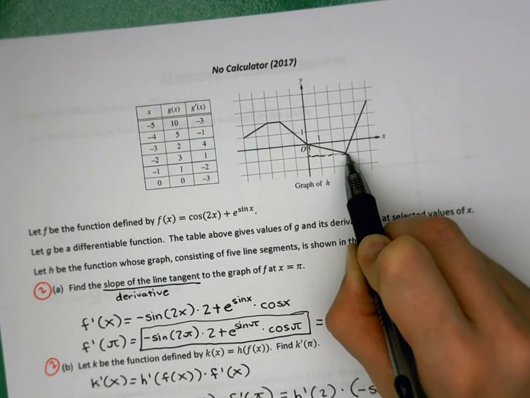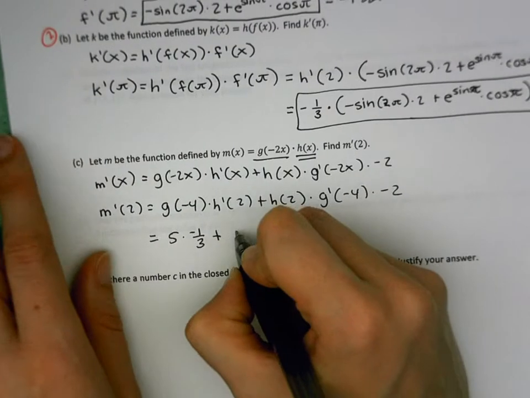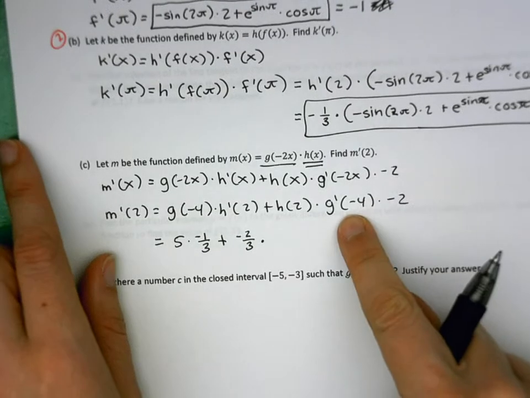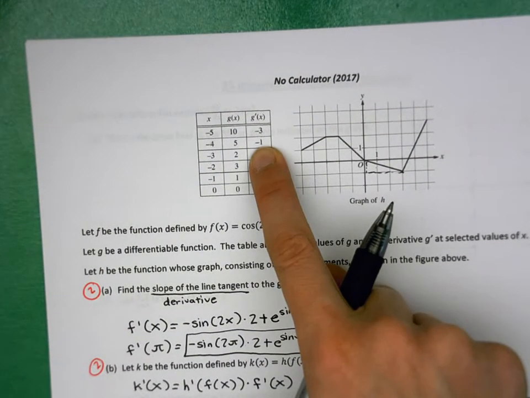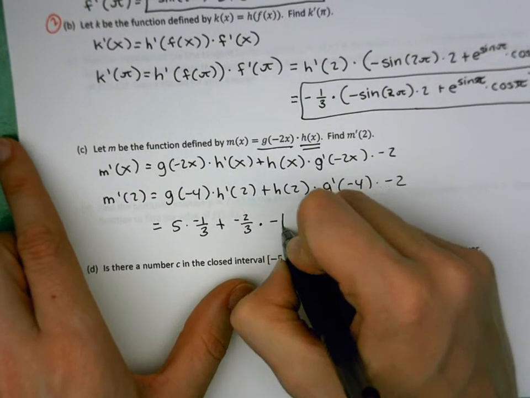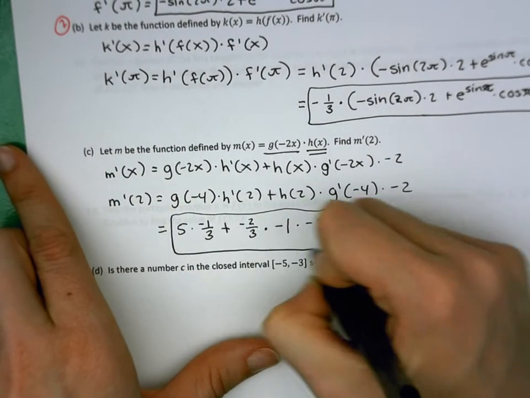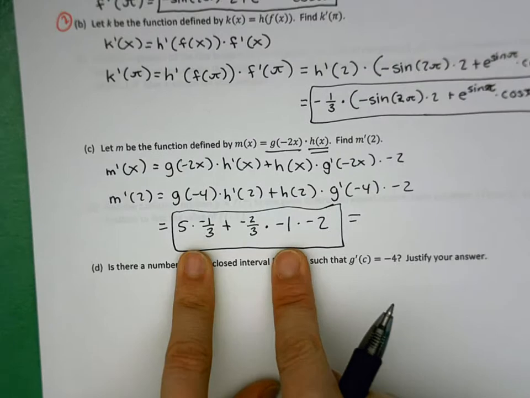So my y value here is negative 2/3. G prime of negative 4 is negative 1. And then our negative 2 at the back. And again, you don't have to simplify. If you did simplify, this would be negative 5/3 minus 4/3, which is negative 9/3, or negative 3.